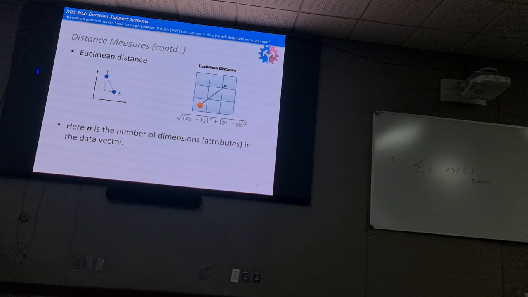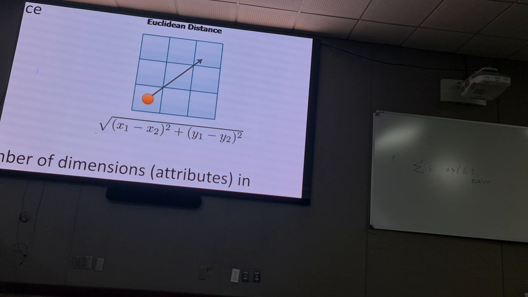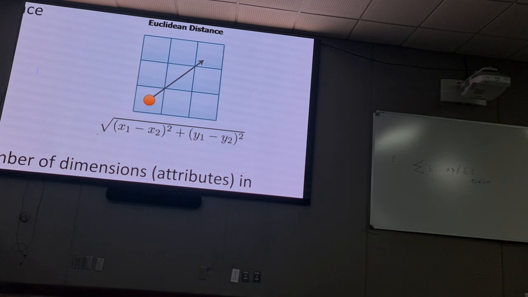Please, from now onwards, we have Euclidean distance, which I should not remind you of, you should remember now. 2 ways to measure distance are very important. Euclidean is squaring differences and then taking the square root.